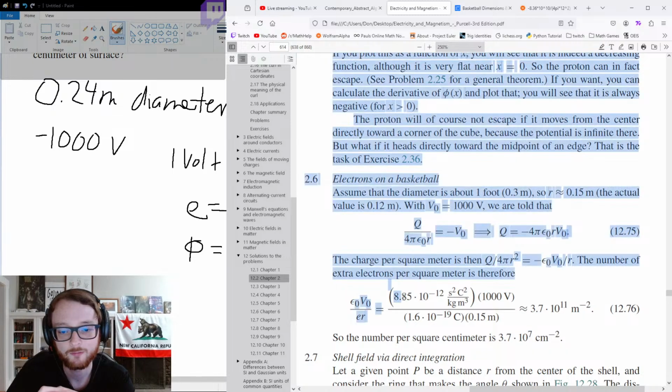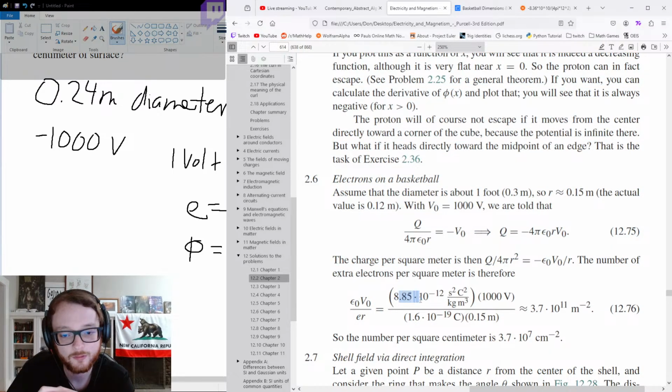How's that 8.85? Oh, that's just epsilon naught. The 4 pi's canceled out. Yeah, I think it's because of the 0.15 versus 0.12 thing. If I take their same formula and plug in 0.12, do you get what I got?